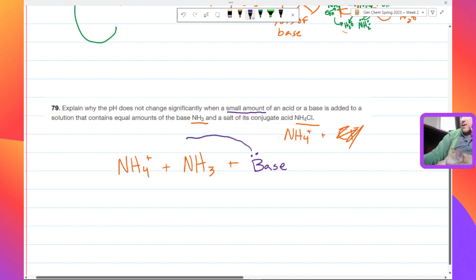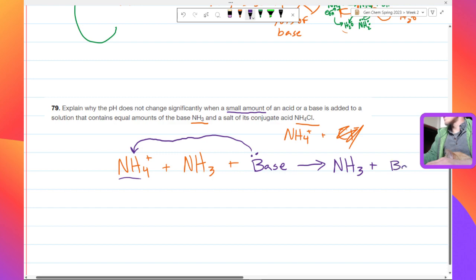The electrons on this base are going to look at this proton over here and be like, hey, could you give me that? And then we're going to have NH3 from when this ammonium lost that proton. And we're going to have this base that has now become its conjugate acid, based on the way I drew it. I guess it has a proton on its head now.